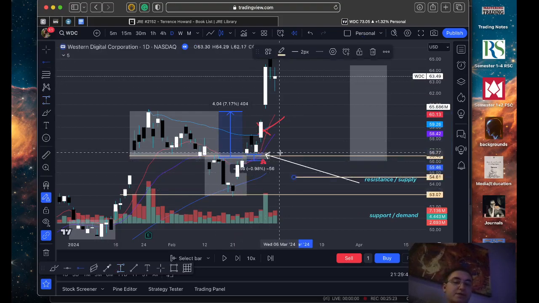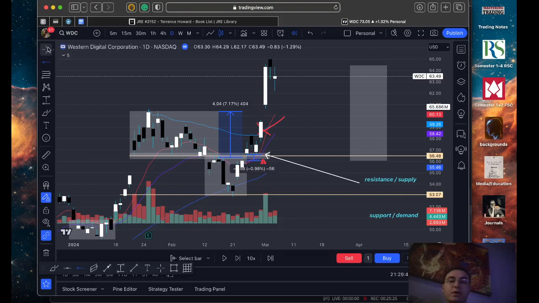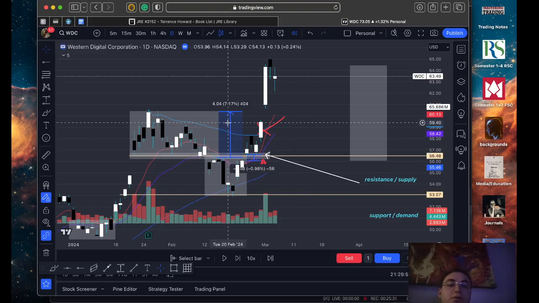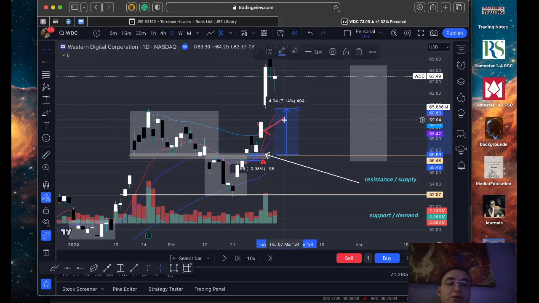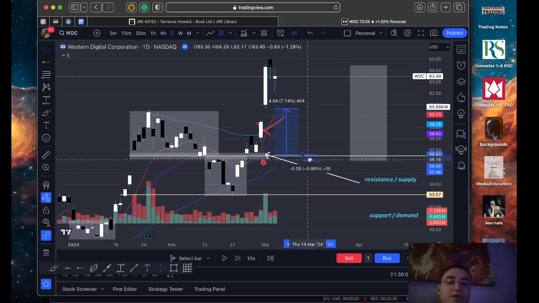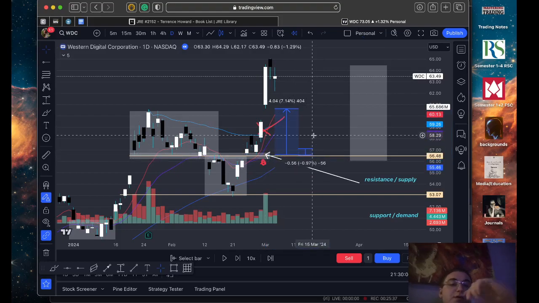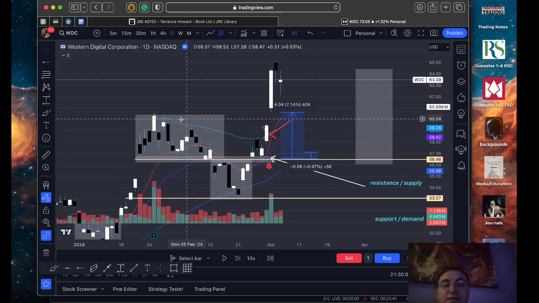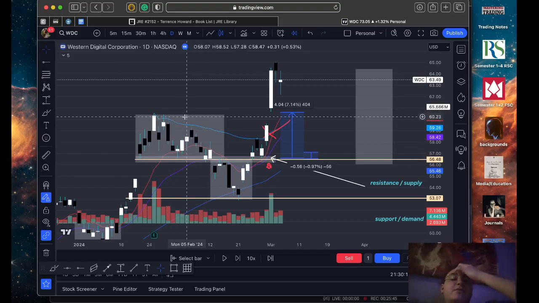So that's just a quick, it's kind of hard to explain risk to reward, but you're looking to gain this much while you're only risking this much. So just understand, if you put yourself at the edges, at the top and the bottom of the boxes, at the support and the resistance, at the supply and the demand of the boxes, you're giving yourself the best risk to reward. So we always want to trade at the top and the bottom.